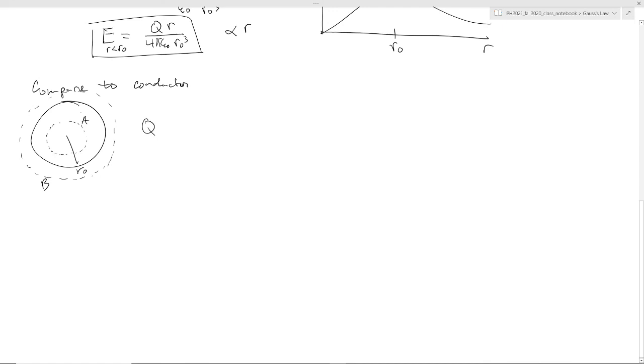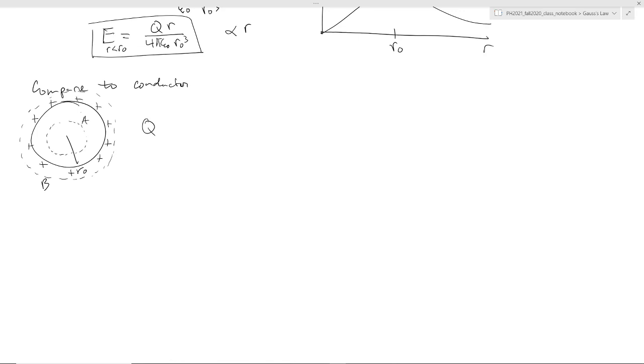Now, if this is a conductor, the charge is going to accumulate all on the surface, because recall the charge can move more or less freely. And so it's going to try and get as far away from all the other charge as possible, because like charges repel. And so it's going to collect on the surface.